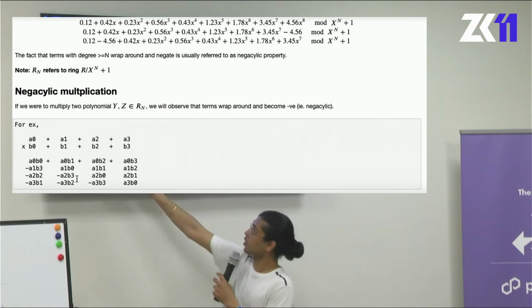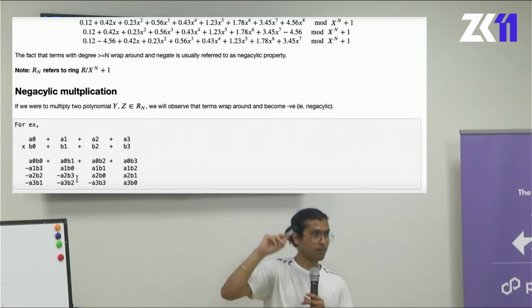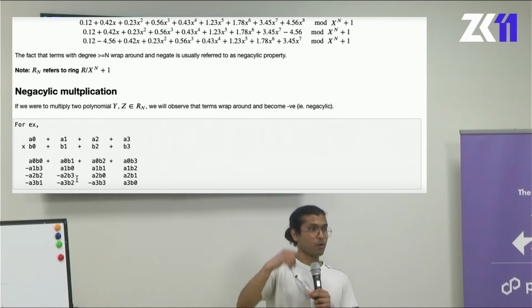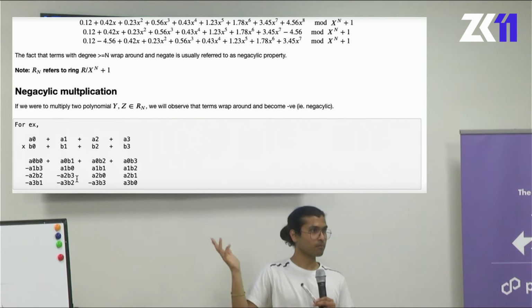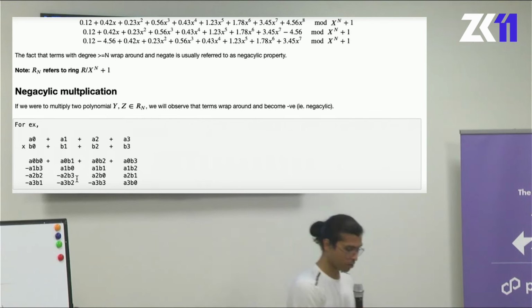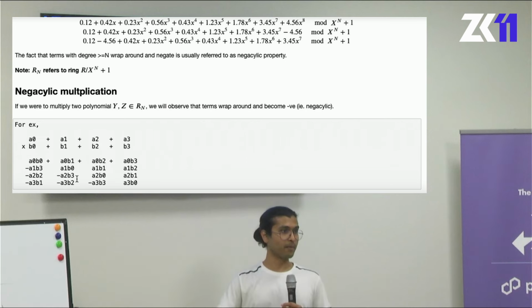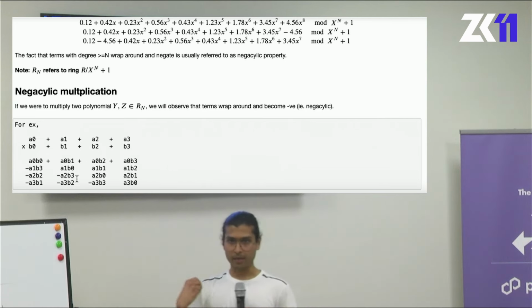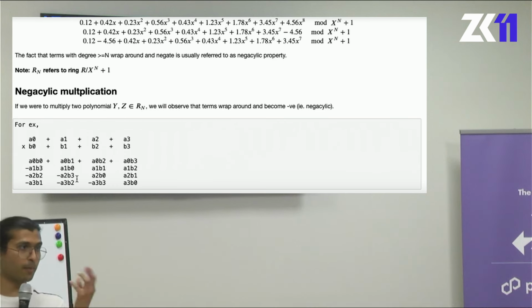But a multiplication of x^1 with x^3 would be x^4, right? Powers add up in the exponent. Now you write x^4 as x^3 times x, and x^3 is -1, right? So when you multiply two polynomials, some of the terms wrap around and become negative, and this gives rise to the negacyclic property of these polynomials when you multiply them. So the terms wrap around and become negative.